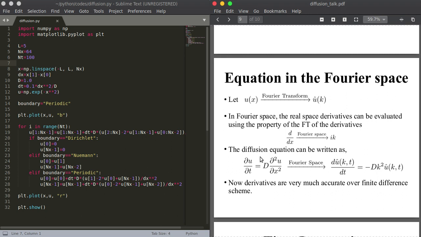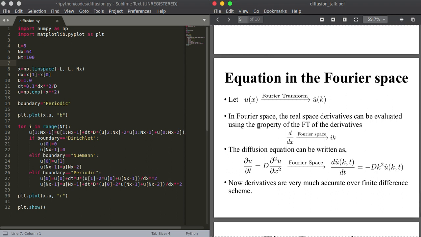Now if I go to Fourier space, and I hope all of you know what the Fourier transform is, if you take a Fourier transform of an equation, you get the equation in Fourier space, right? So let me define u(x) and its Fourier transform as u hat k. Okay, so it is in k space.